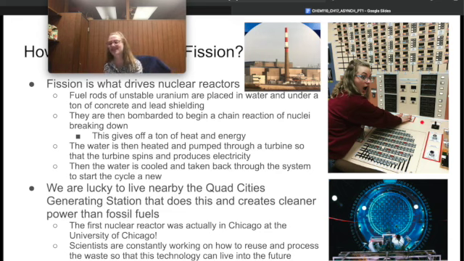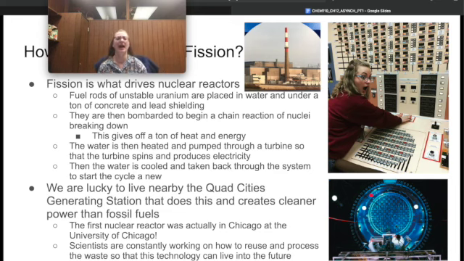But the idea is when they were starting up that first nuclear reactor, reactors have what they call control rods. In between all of the different fuel rods, there are control rods that you can slide up and down to control the reaction. So you might want to slow it down for a bit.